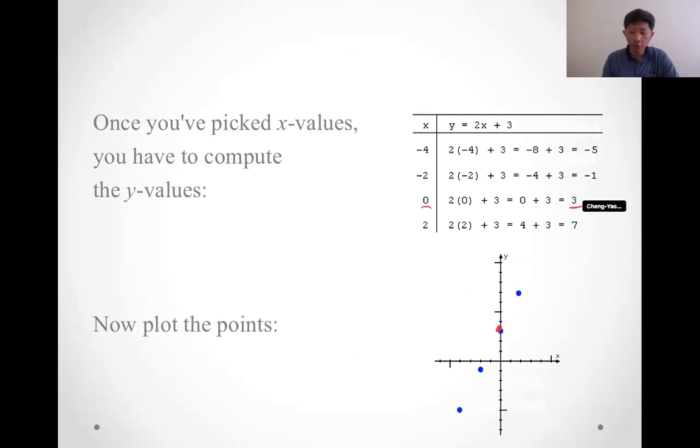If x is 2, that'll be (2, 7). If I have negative 2, y is negative 1, so they're right here. If I have negative 4, then I have negative 5 for y.